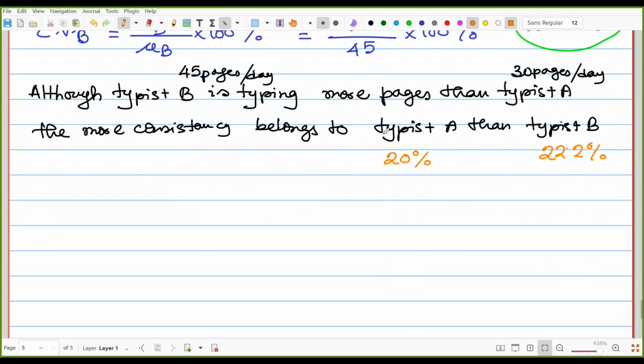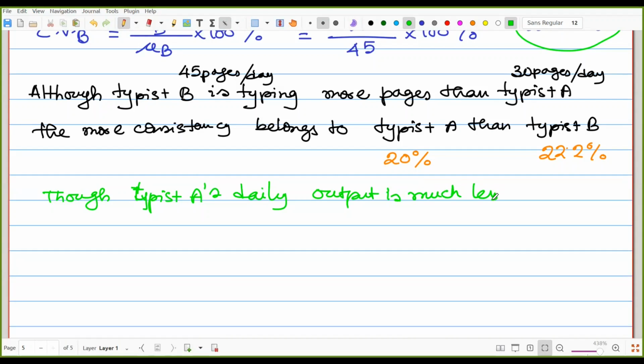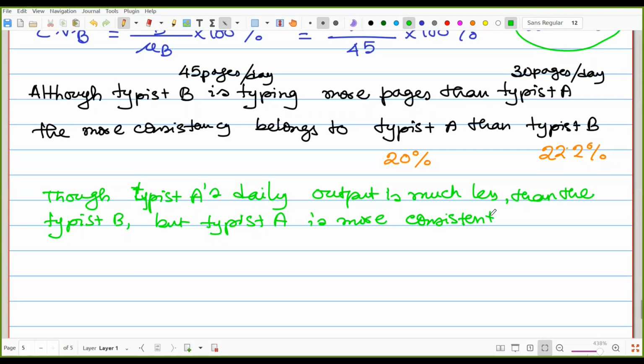In another way, we may say it like, though typist A's daily output is much less than typist B, but typist A is more consistent, because less variation, less deviation means more consistency.